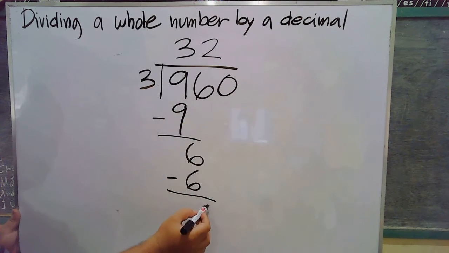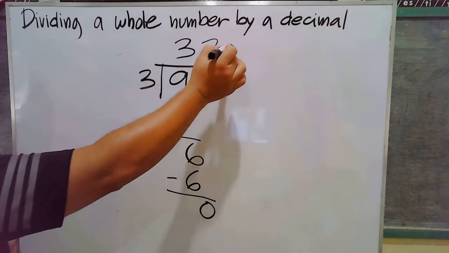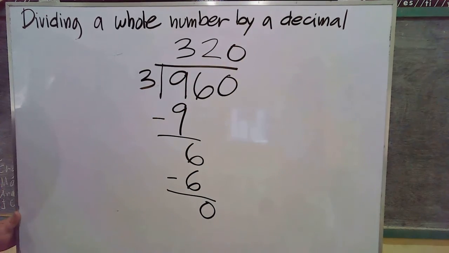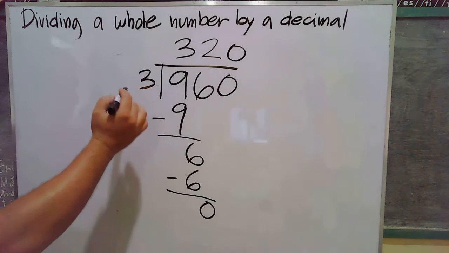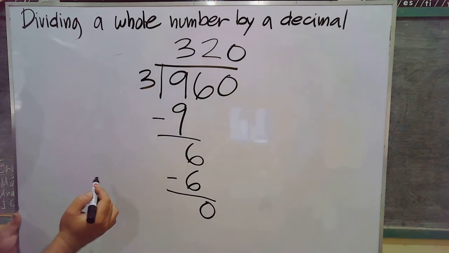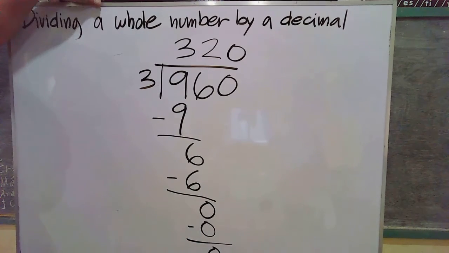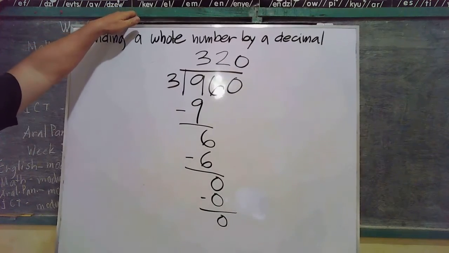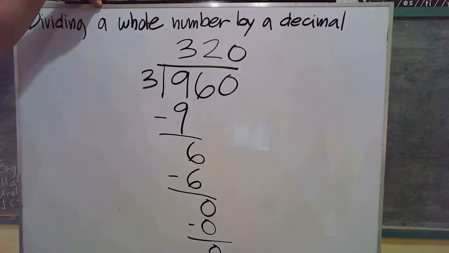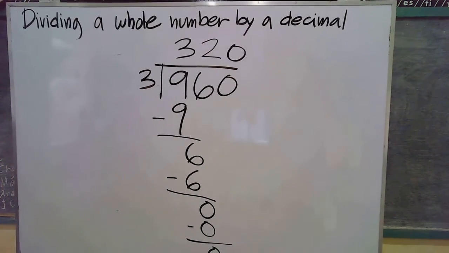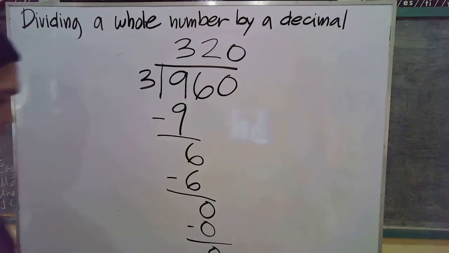Bring down 0. 0 divided by 3 is 0. 0 minus 0 is 0. So our answer here is 320. Let's have some more examples.